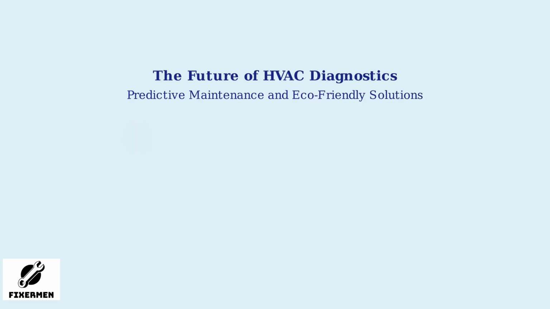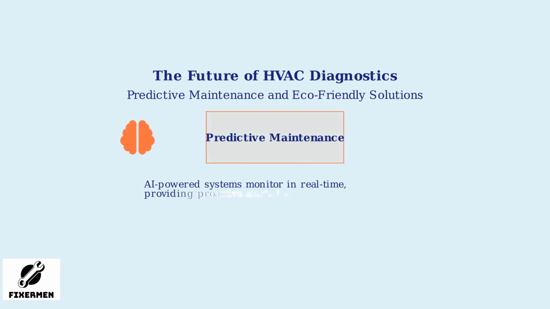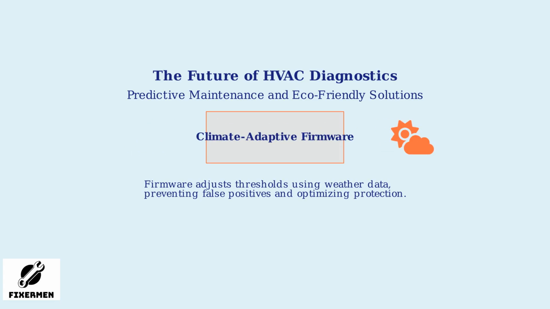The future of HVAC diagnostics emphasizes predictive maintenance and sustainability. AI-powered systems are being developed to anticipate and prevent coil freezing before it occurs. Climate-adaptive firmware uses weather APIs to dynamically adjust protection thresholds, reducing unnecessary shutdowns and optimizing system performance.